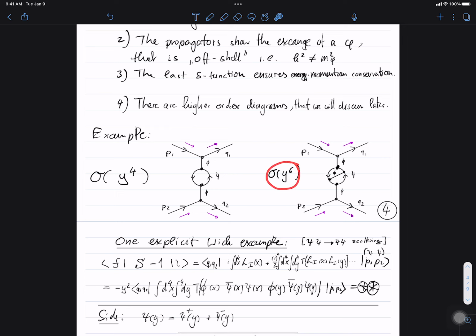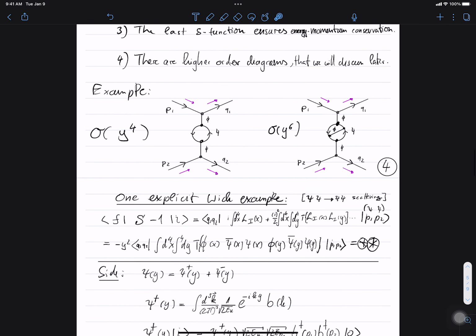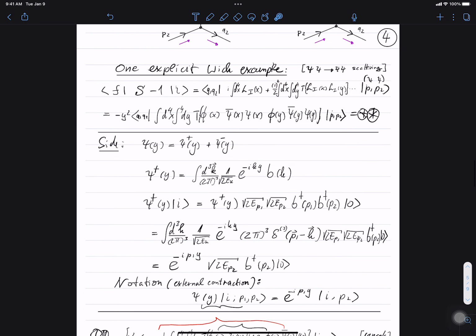There's even higher order diagrams where we have 6 vertices, where in the loop of psi's we also include another propagator of phi, so we essentially have a 2-loop diagram at 6th order in the coupling y. Those have certain difficulties in terms of divergences of the integrals, but we will cover this in future lectures.